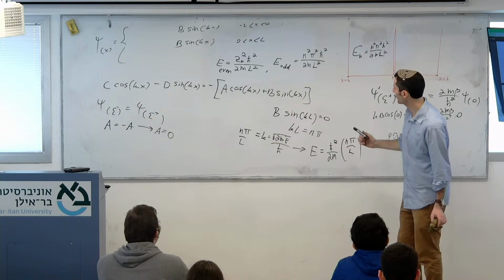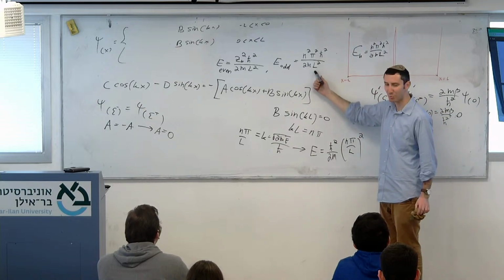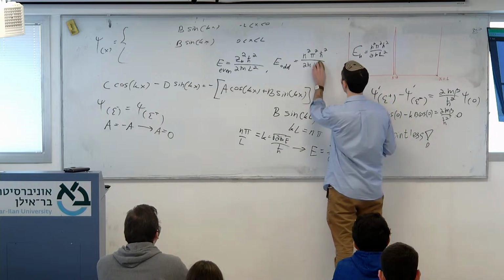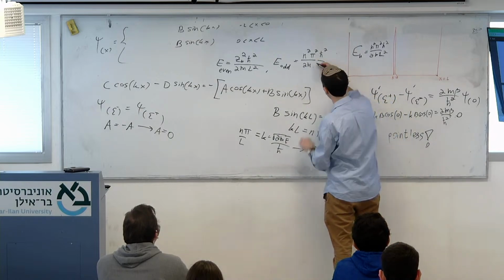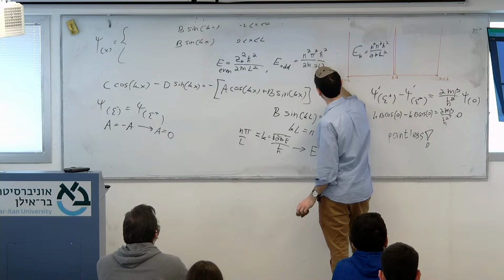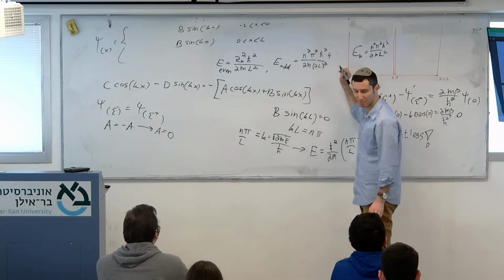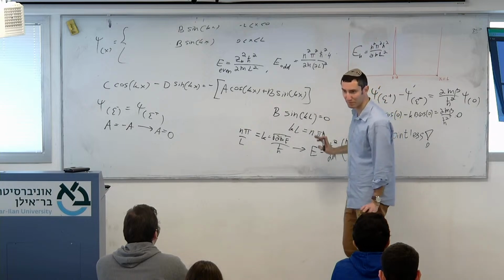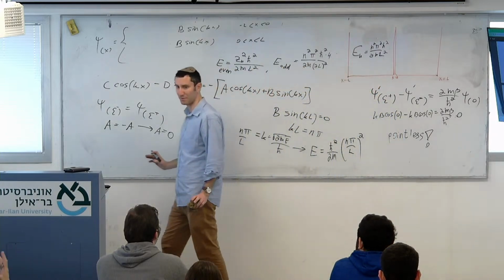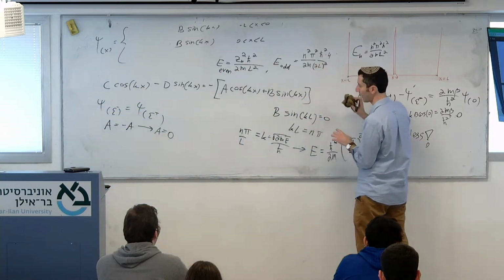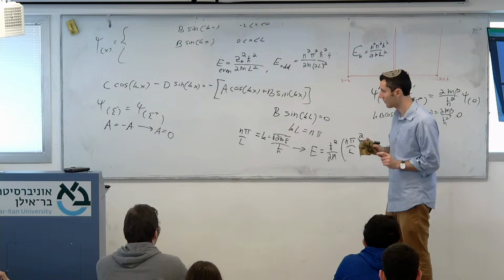Beautiful! But wait a second. The size of the well here is not L, it's 2L. So let's write here 2L squared and multiply by 4. What I did here is multiply and divide by 4.